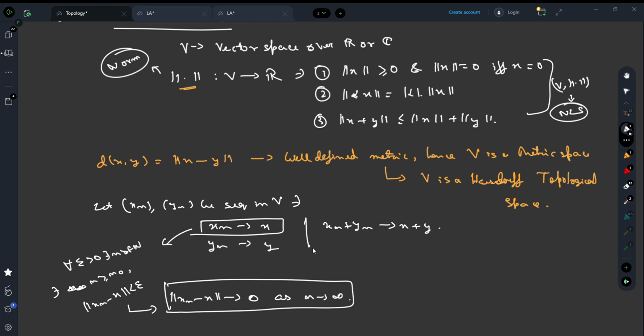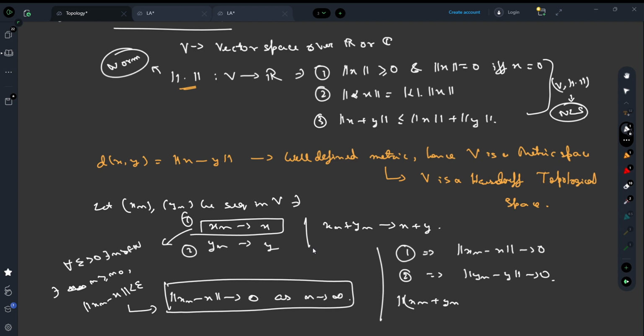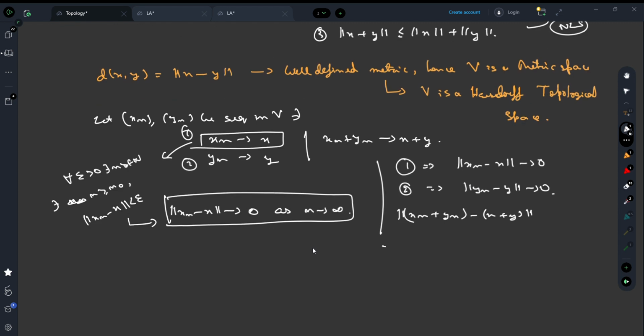And then let us check this out. Suppose this is 1 and this is 2. If I apply this definition to 1, what do we get? Norm of xn minus x tends to 0 as n tends to infinity. Number 2, we have norm of yn minus y tending to 0. What can we say about norm of xn plus yn minus x plus y? We have to show that this tends to 0.